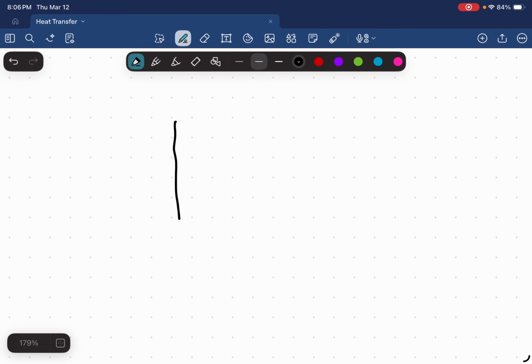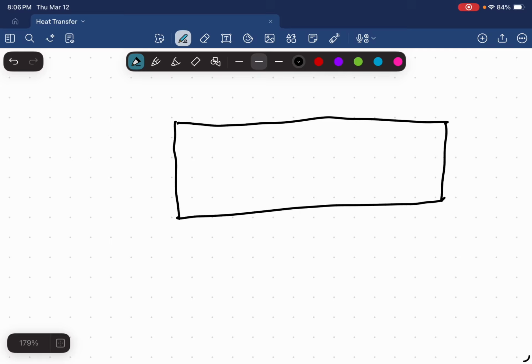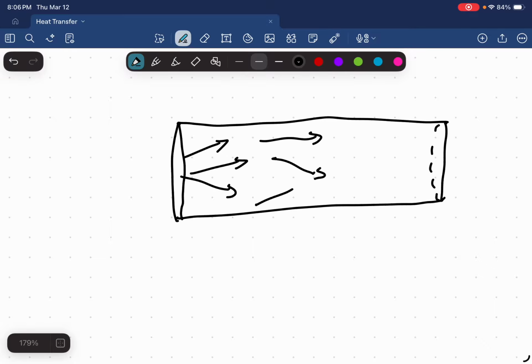So let's say that this right here is a cylinder, and you have heat flowing all throughout.